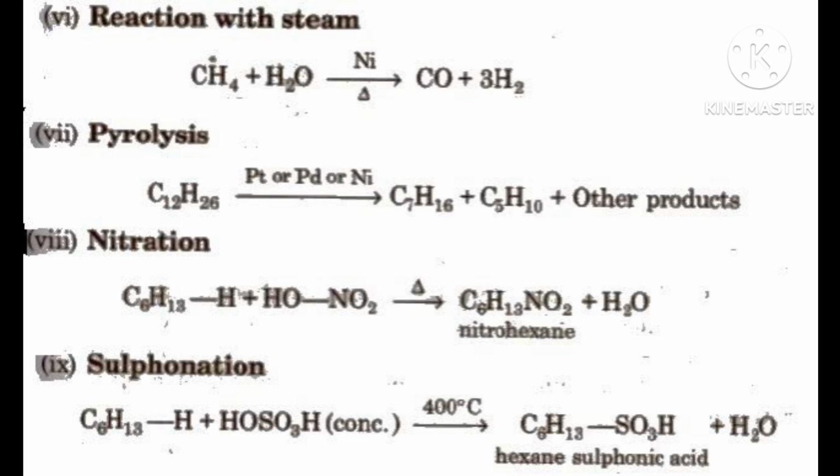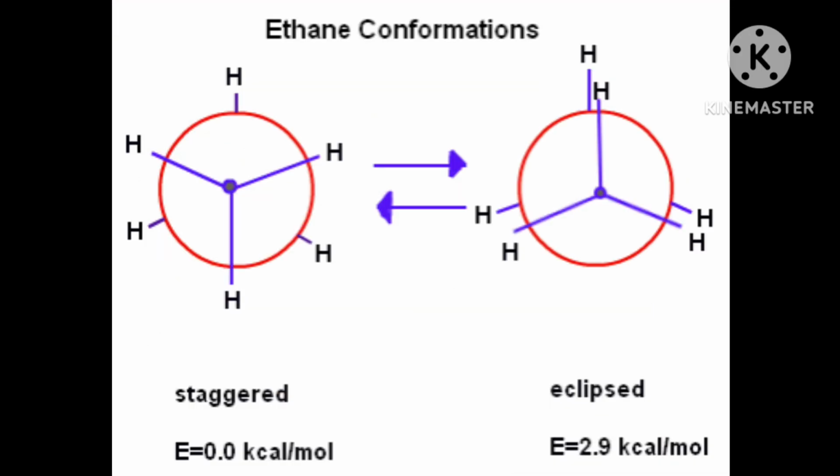Now the other carbon's hydrogens are moving, and when the hydrogen of the first carbon and the hydrogen of the second carbon come just in front of each other, it is just like a full solar eclipse, where the moon is covering the sun and you can't see the sun from the moon's side.